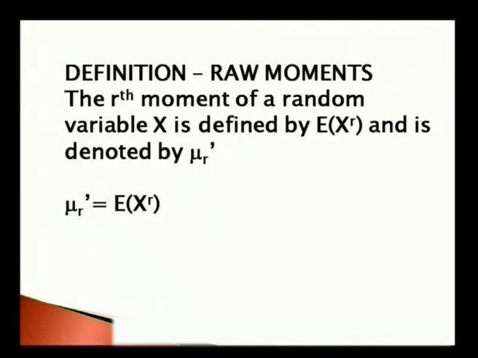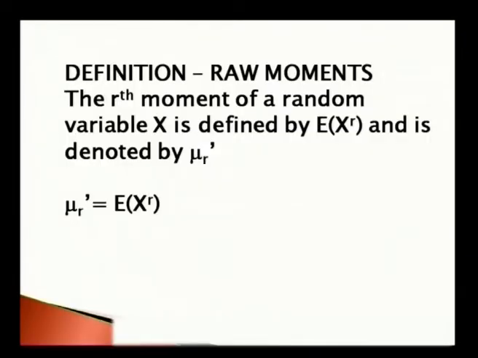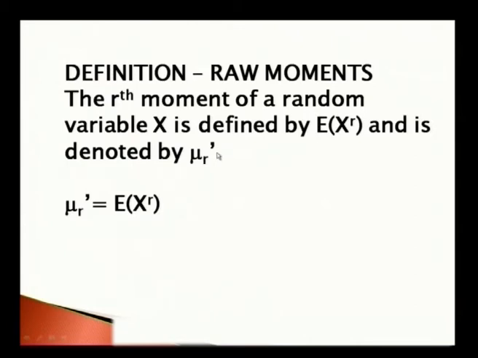It can be discrete or continuous, because the continuous and discrete random variable will differ only in the expectation. So, this expectation of x power r is defined for continuous and discrete random variables separately.